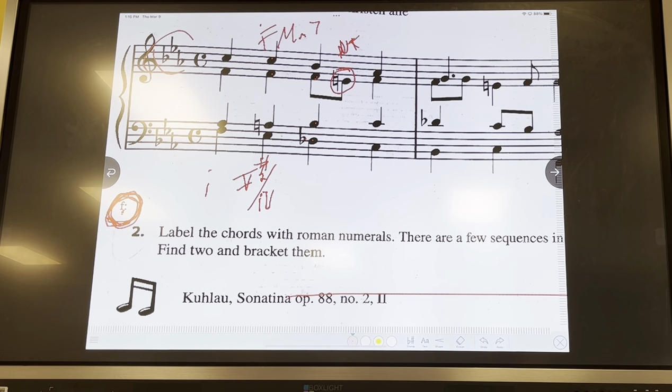What is the key signature for F minor? 4 flats, B, E, A, and D flat, right? Why didn't they put the fourth flat, the E? They're making you, because you would have to do this in real music. If you were looking at real music, this is how you'd have to analyze it. You'd have to realize that for a moment, we're in a different key.